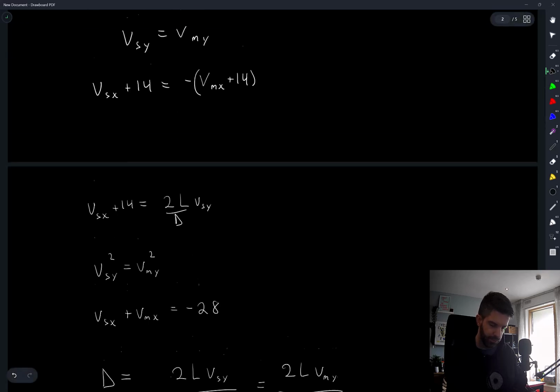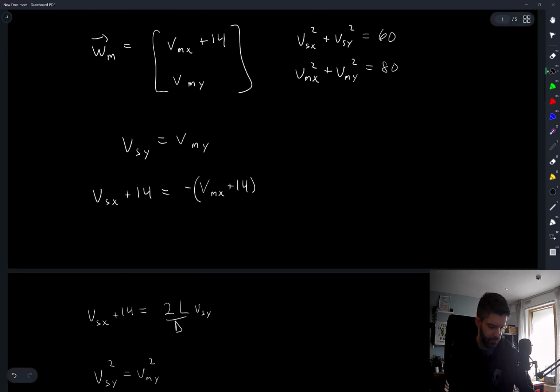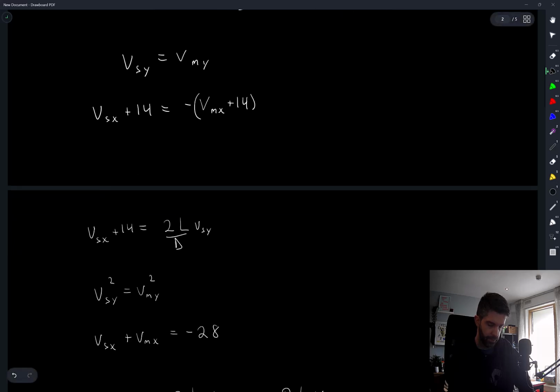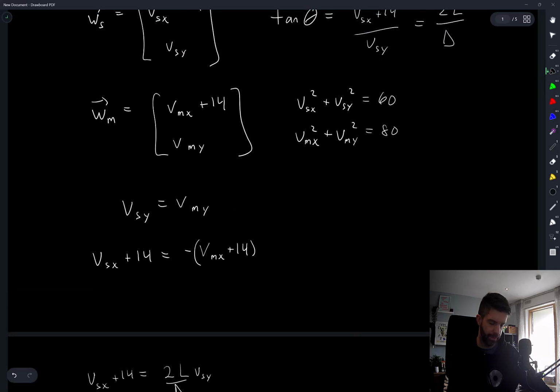So I should be able to solve for these velocities, shouldn't I? Oh man.